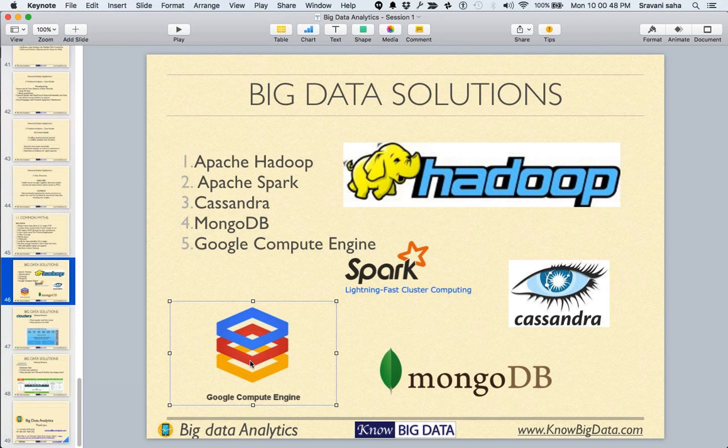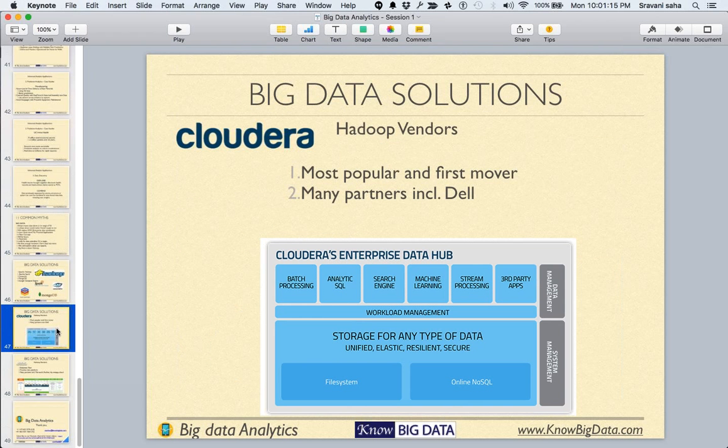Okay, and in Google Compute Engine you get everything. The problem is that the data is located inside the premises of Google, so you will have to first transfer the data there and can then do a lot of churning in the Google architecture. Those are a few of the many solutions available today for big data analytics.